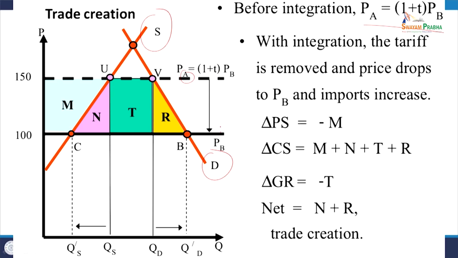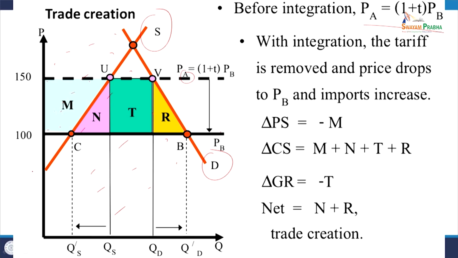Now, when the price falls, as we all know, the area under the demand curve is generally defined as the consumer surplus, and the area above the supply curve is called the producer surplus.